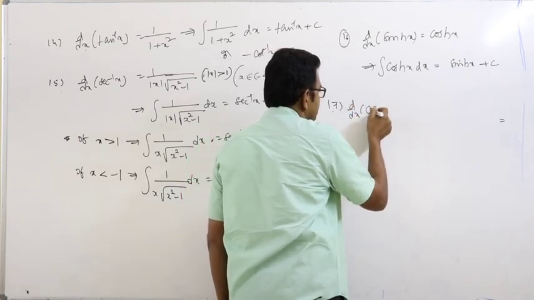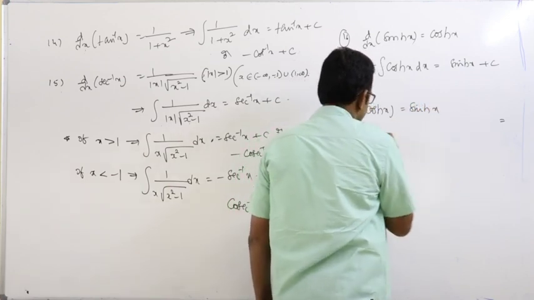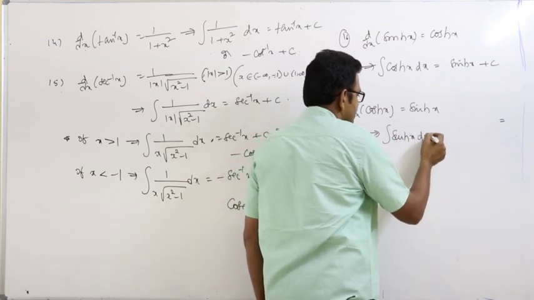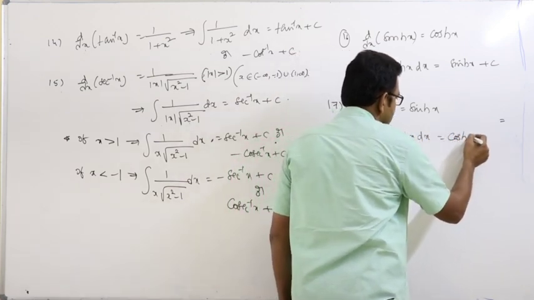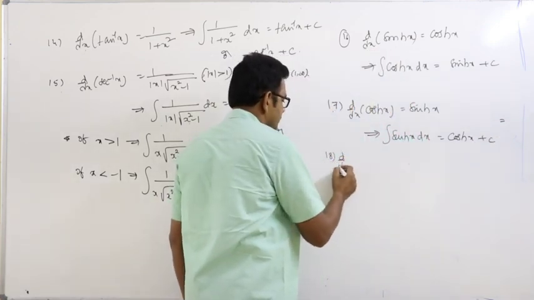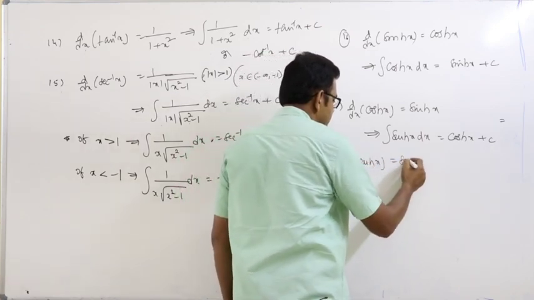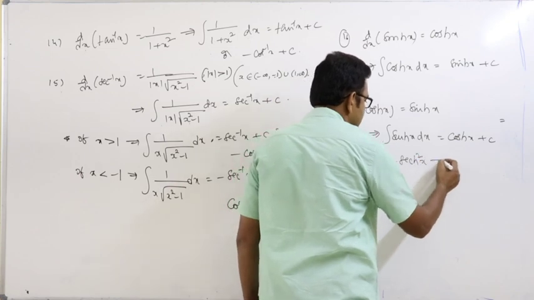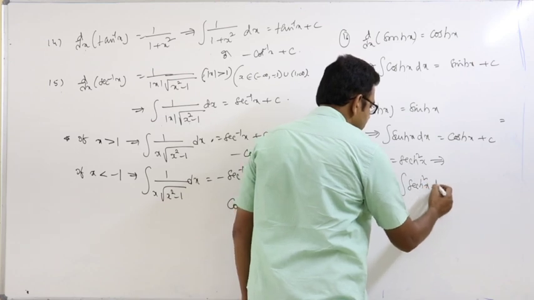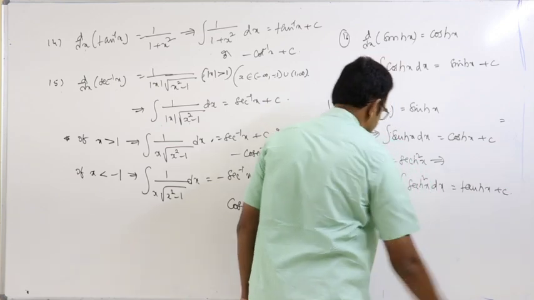Derivative of cos hx is equal to sin hx, which implies integral sin hx dx is equal to cos hx plus c. Derivative of tan hx is equal to secant h square x, which implies integral secant h square x dx is equal to tan hx plus c.